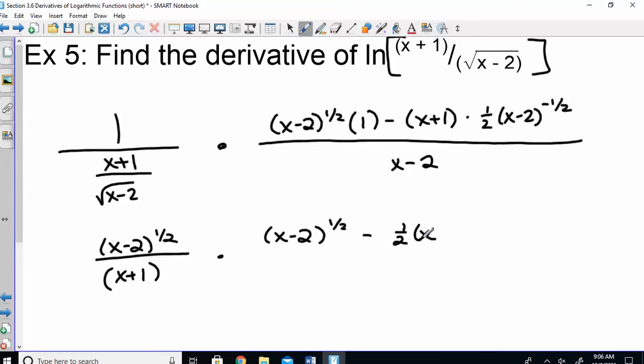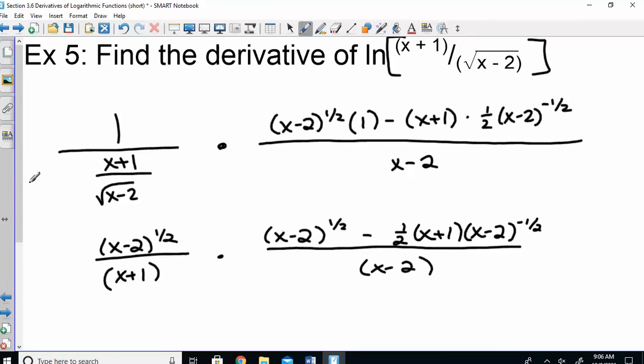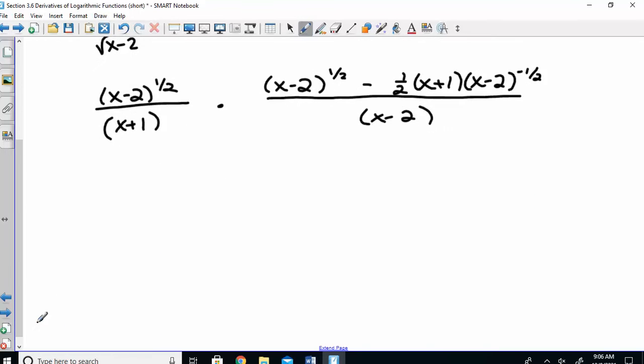Okay, let's see. All right. Let's go ahead and multiply this stuff together and see what happens. We have to distribute this to both terms on the top. So x minus 2 to the 1/2 times x minus 2 to the 1/2. What does that become?